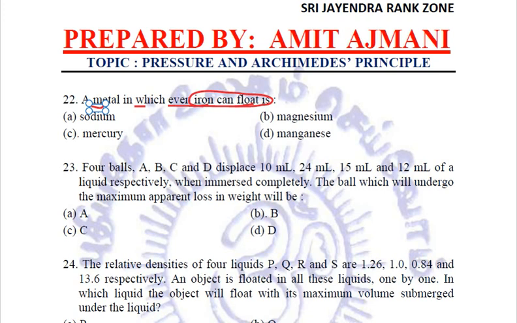Out of the given options sodium, magnesium, mercury and manganese, we know it is mercury. Mercury has a great density because of which it can even make the iron float on its surface.